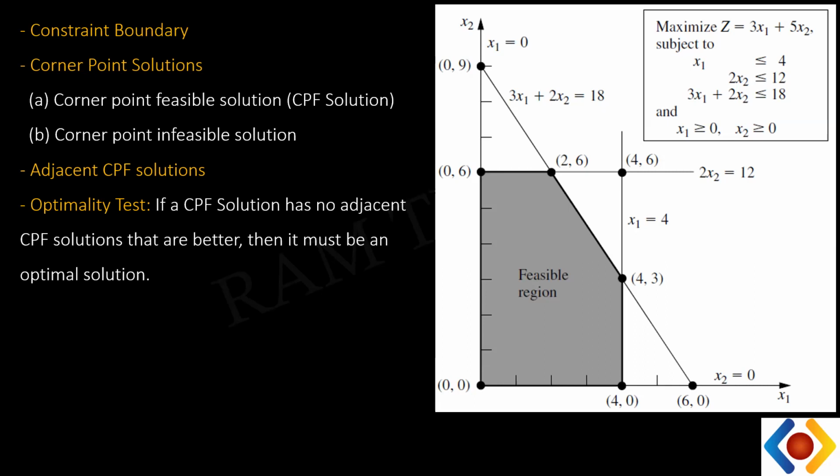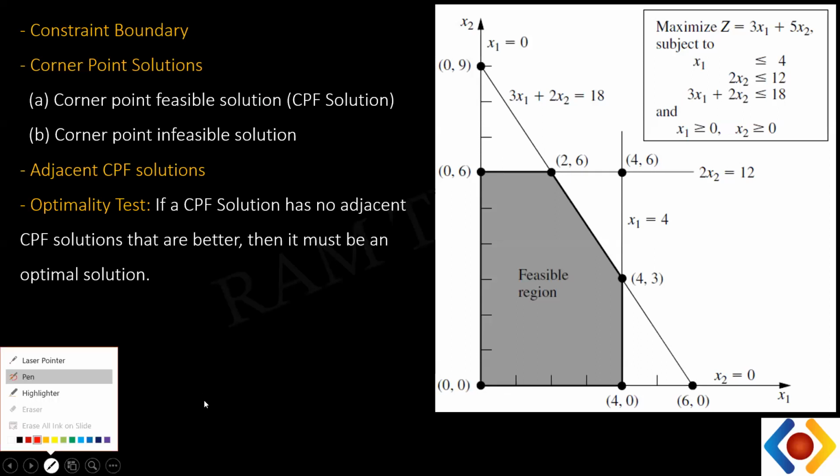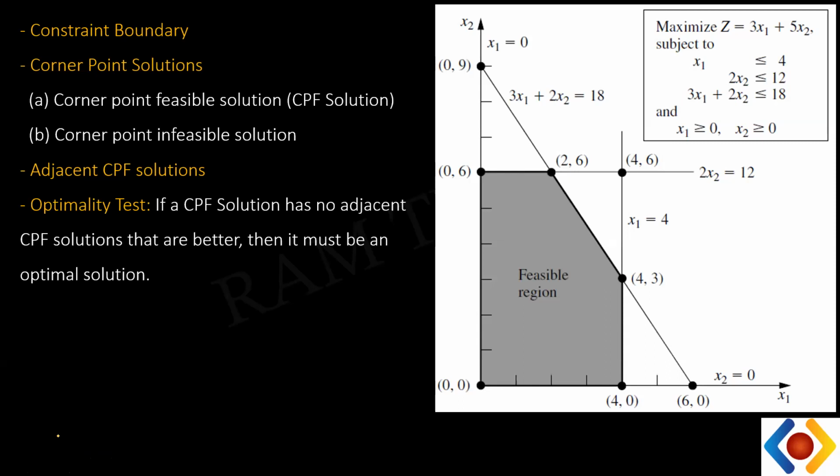Now, constraint boundary. What do you think? What is a constraint boundary? Can somebody explain? Sir, the boundaries which bind the feasible region. Yes, the boundary which binds the feasible region. Everybody agree with this?